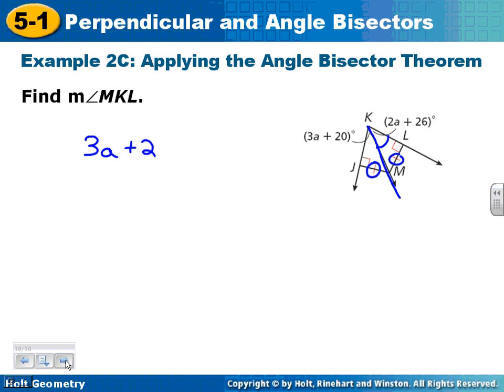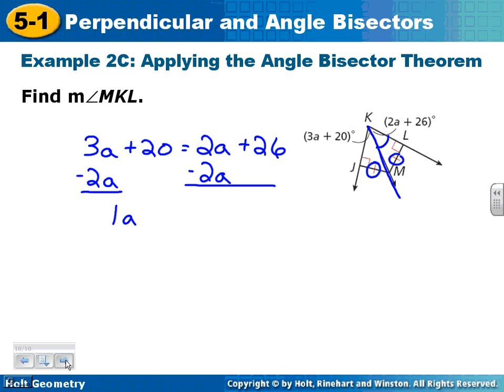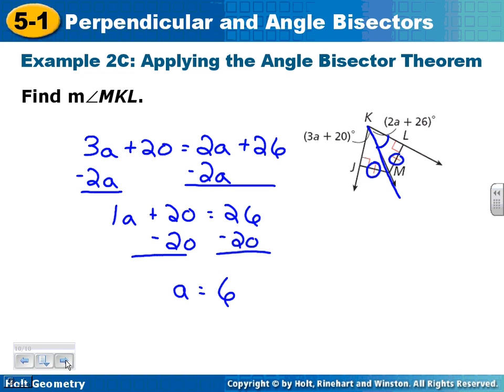3a plus 20 equals 2a plus 26. And solve that. Subtract 2a from both sides. That gives me 1a plus 20 is 26. Then I would subtract 20 from both sides, and I would get a is 6. But hold on, that's not my answer.